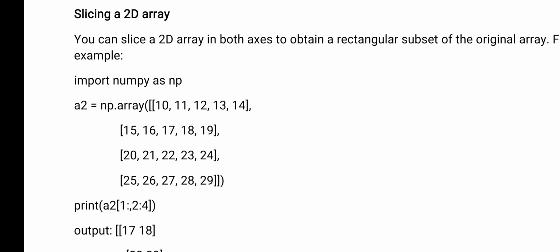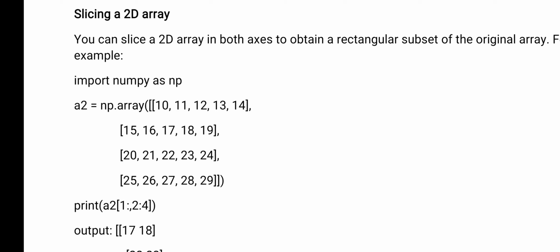I have created an array with 4 rows and 5 columns. And what is the name of the array? A2, np.array. Array is an object. Just now what I explained was a one-dimensional array only. But what I am explaining now is a two-dimensional array, because more than one row is there. Then you can say that it is a two-dimensional array.